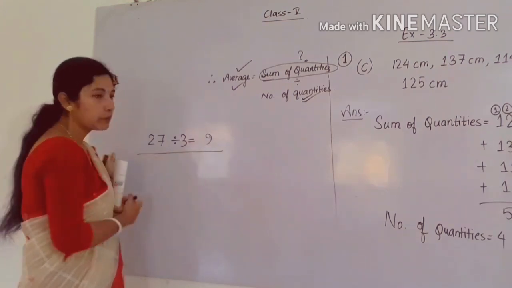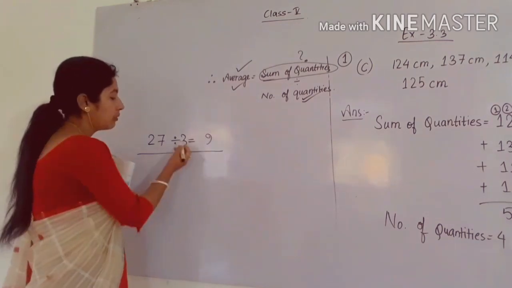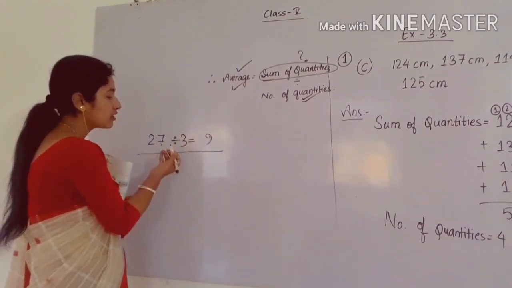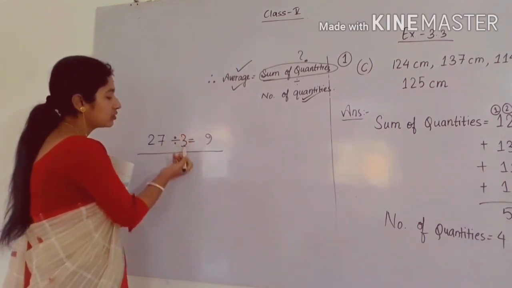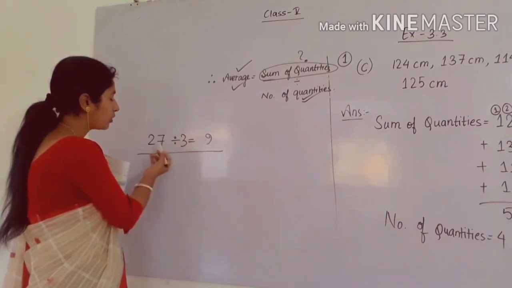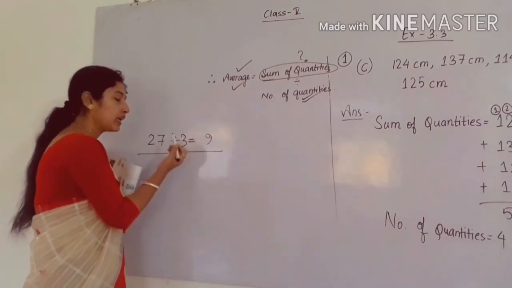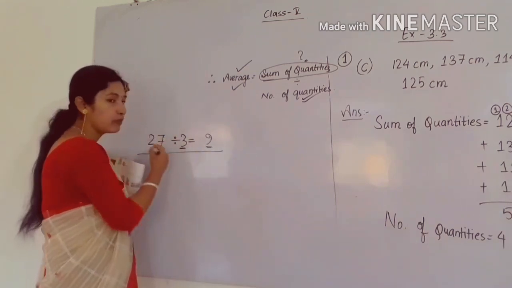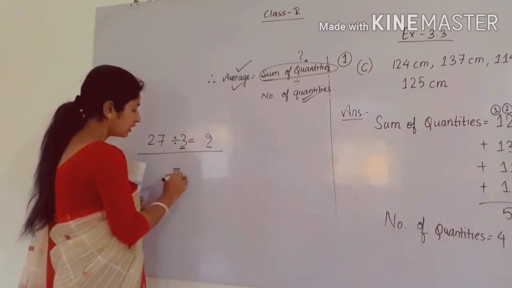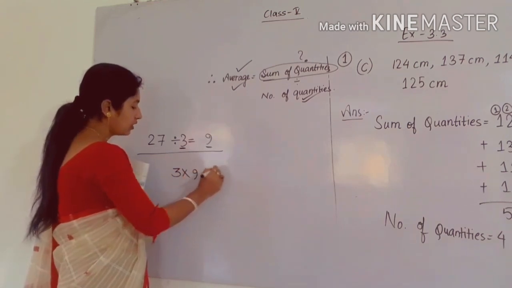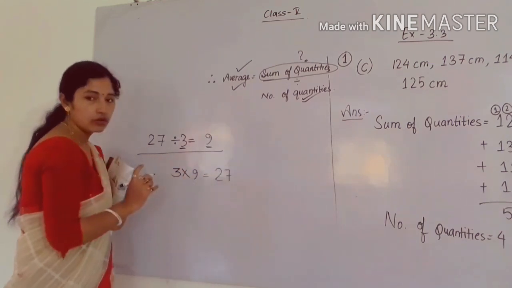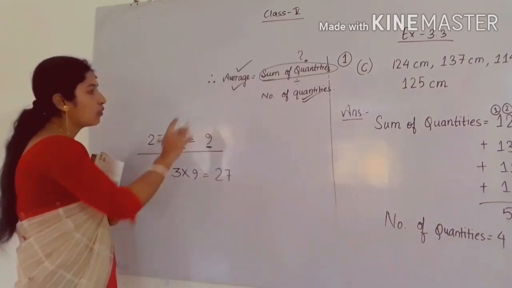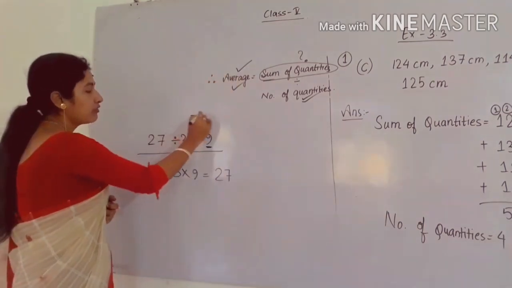The multiplication fact of this is 3 multiplied by 9 equal to 27. That means divisor into quotient gives you the dividend. 3 into 9 equals 27. Got it?